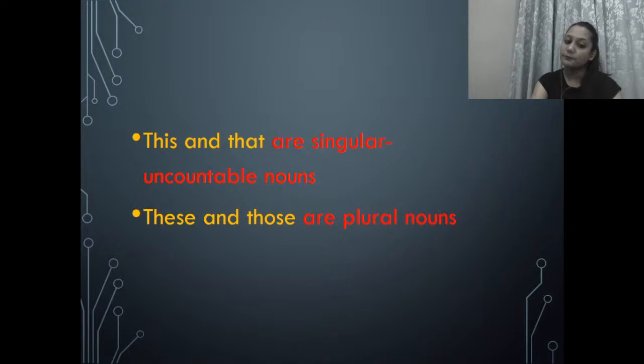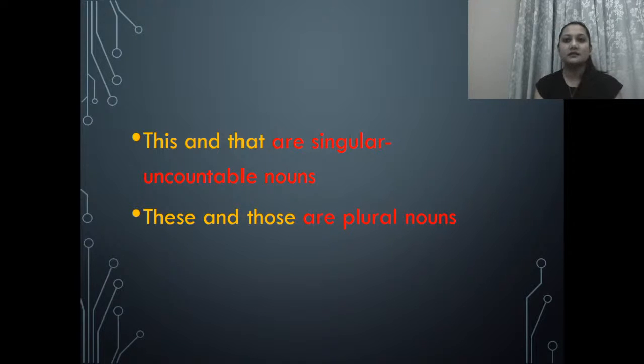If you cannot put one, two, three in front of it, it is definitely an uncountable noun. For example, I cannot say I want three salt. We say I want a pinch of salt, a spoon of salt. We try to measure it with another object. That is called an uncountable noun.